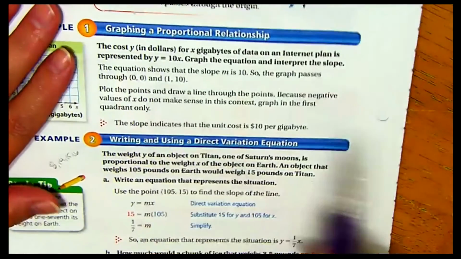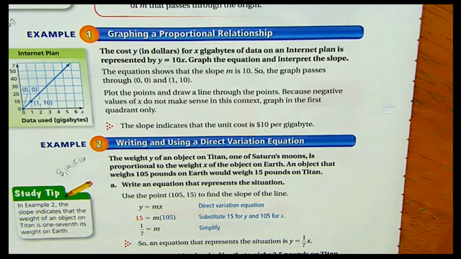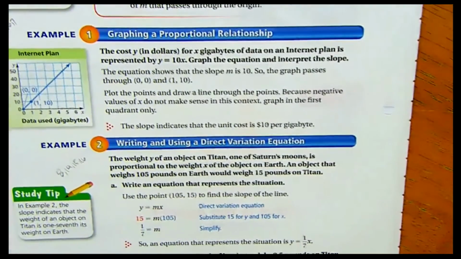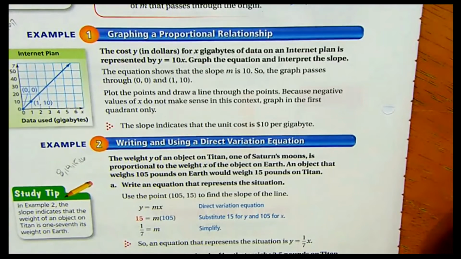Okay, right here. The cost y in dollars for x gigabytes of data on an internet plan is represented by y equals 10x. Graph the equation and interpret the slope.